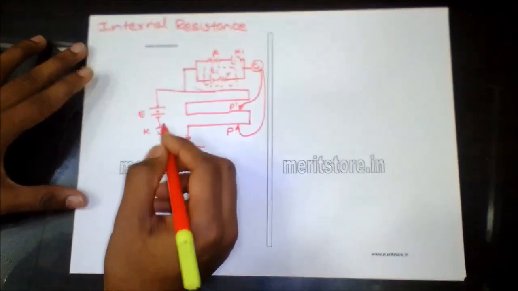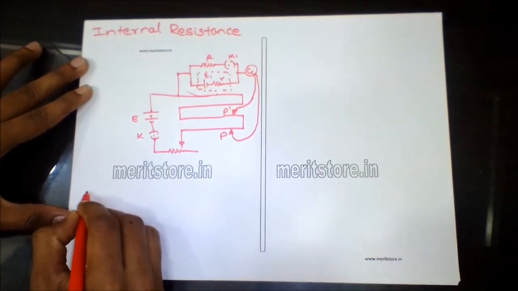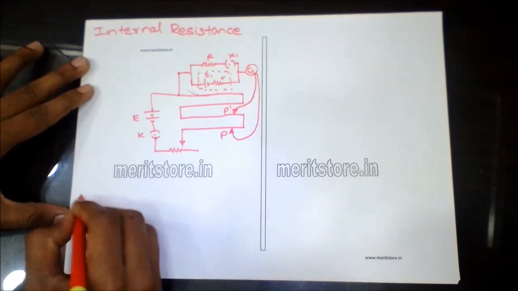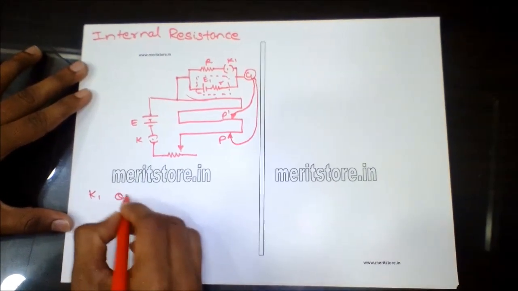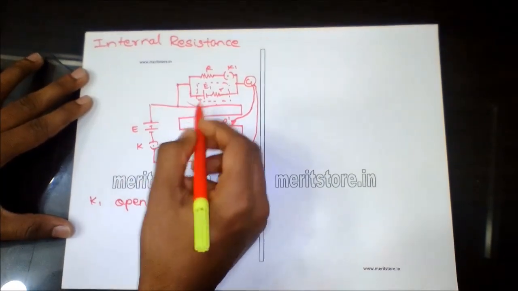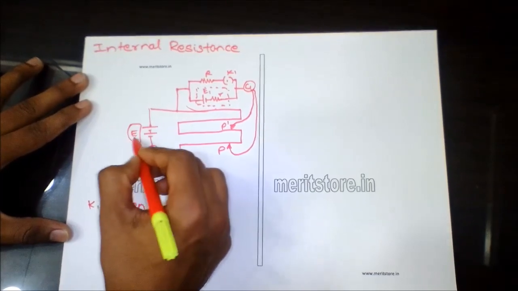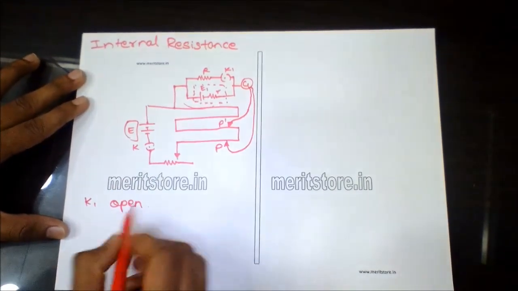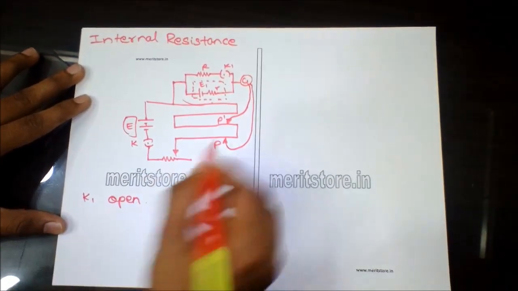The galvanometer's null deflection is found when current flows through the circuit. Initially, the key K1 is kept open, and the only current which flows is because of the main cell and the cell whose internal resistance we need to find.